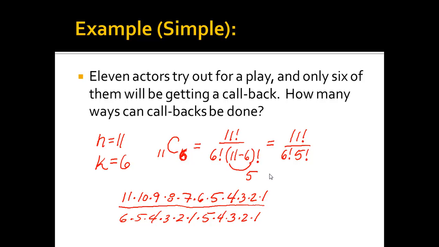Now I'm going to cancel out all of the obvious stuff instead of doing all these multiplications. Well, I see a 6 here and a 6 up here. There's a 5 up here, 5 down here, and I'm just going to cancel out all of this.